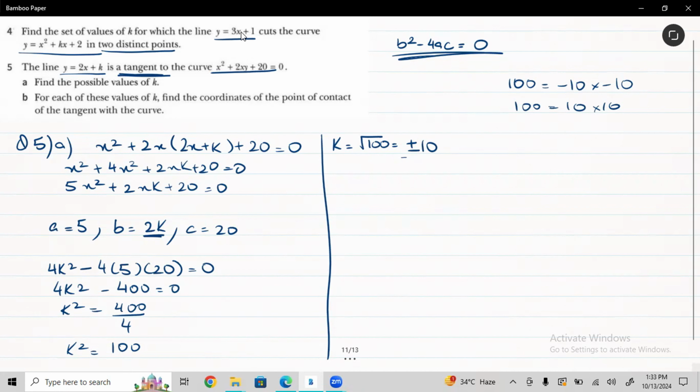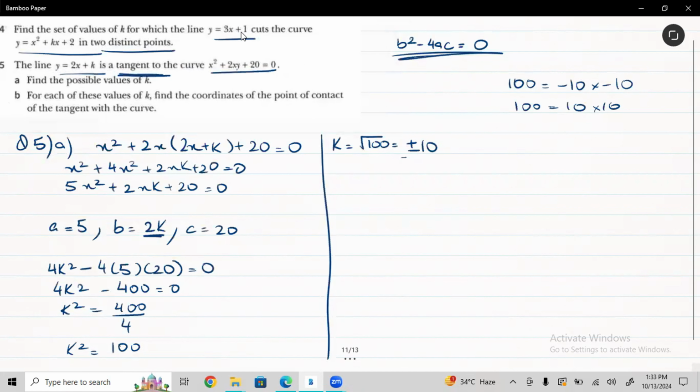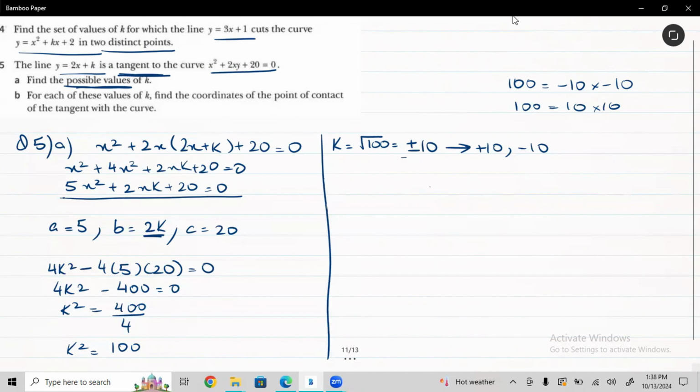So your answer should be complete. They've asked for possible values of k, and they've already hinted that there are two values. So keep that in mind.